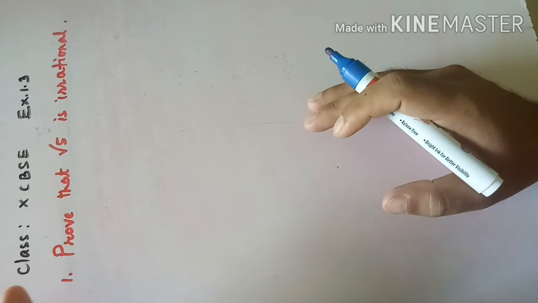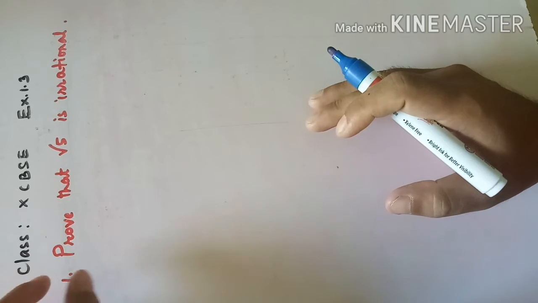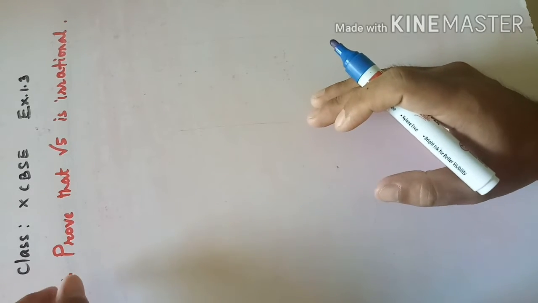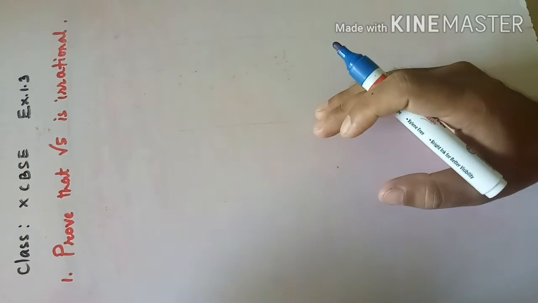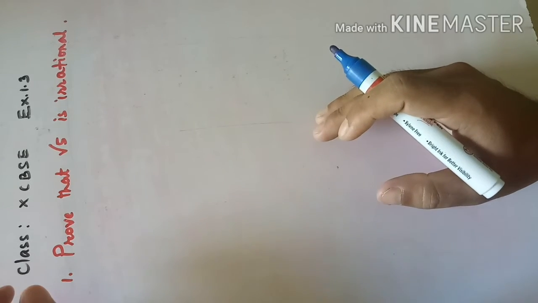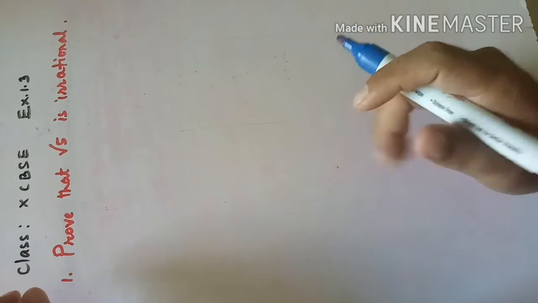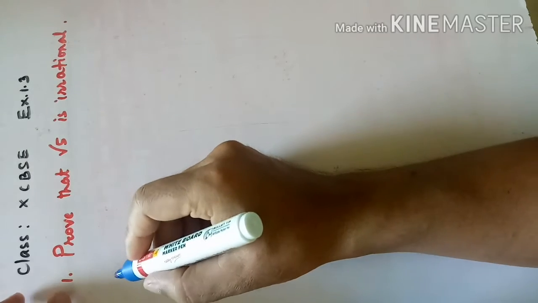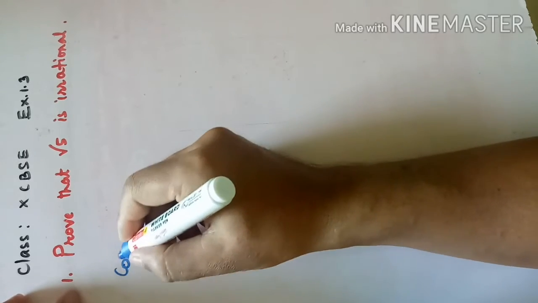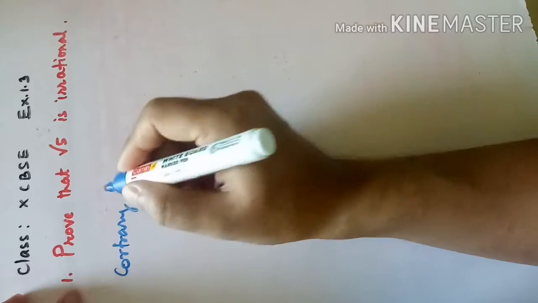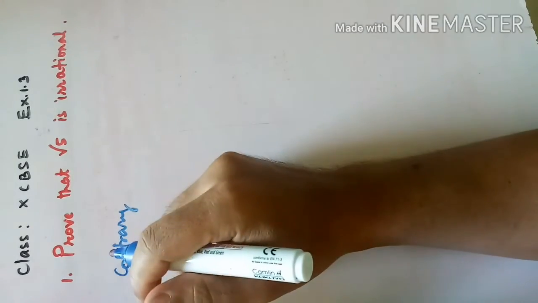But here mathematically we have to prove it. How root 5 becomes irrational, we have to prove now. Before learning this, you have to know some words like contrary or contradiction.